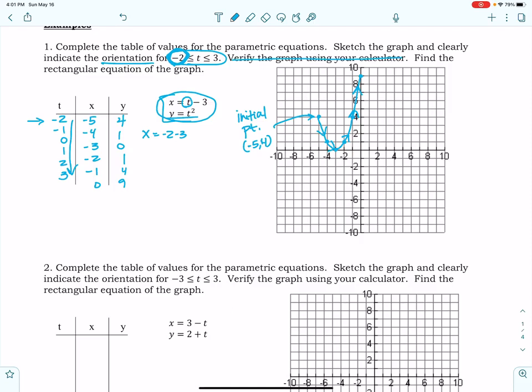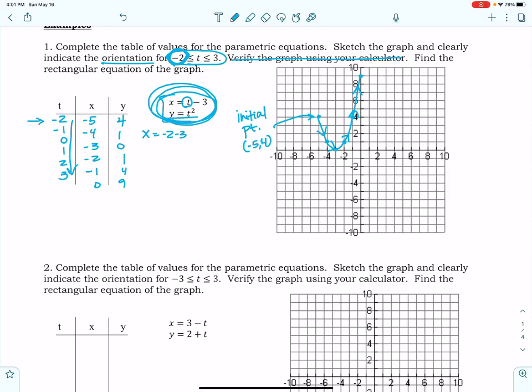Find the rectangular equation of the graph. So now I'm going to write these equations as just one equation in the variables x and y, just like I normally would. So this is a partial parabola.